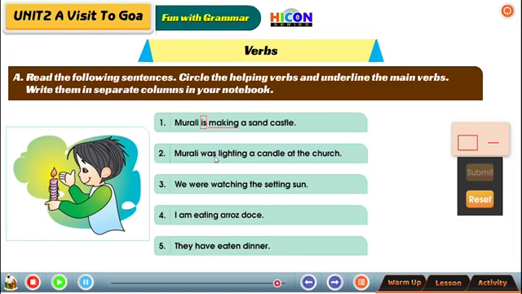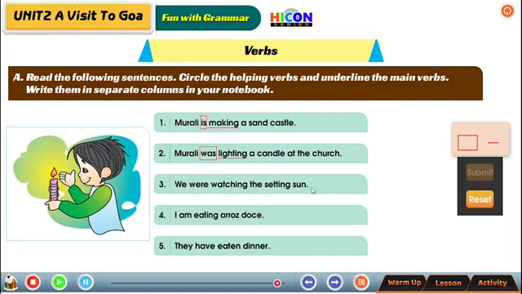Was is the helping verb, isn't it? Lighting is the main verb. So what should we do? We should put was inside a box, and lighting needs to be underlined. Right? So Murali was lighting a candle at the church is the sentence. Was is a helping verb which we have put in the box, and lighting is a main verb. We have underlined that.